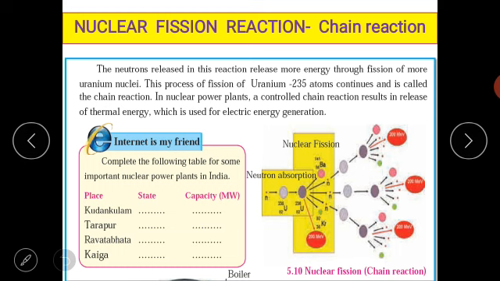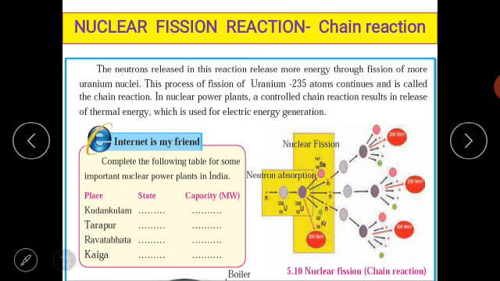Let me show you this in the image. See, this is the neutron and the atom of uranium, one atom of the uranium. Now there is a fission between neutron and uranium. When this neutron is bombarded on the uranium atom, the neutron is absorbed by the uranium 235, and 235 is converted into the isotope 236. As you can see in the image, uranium 236 is produced.